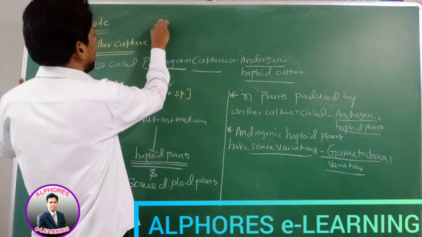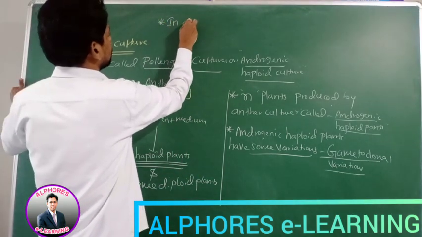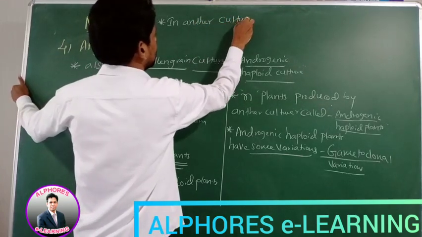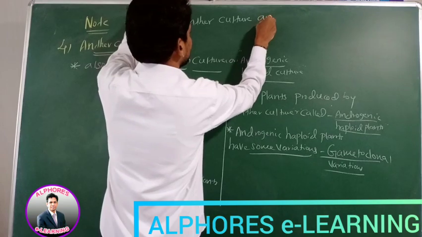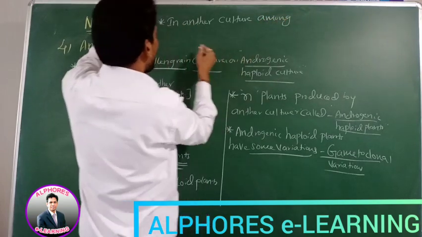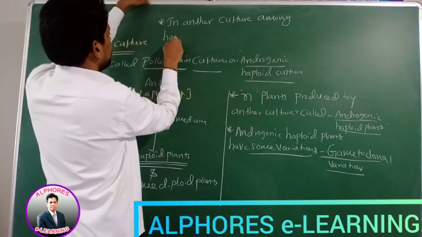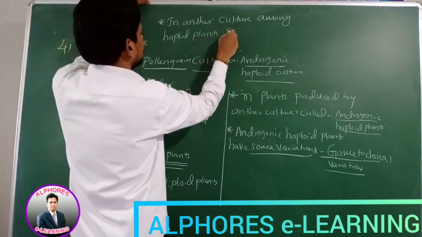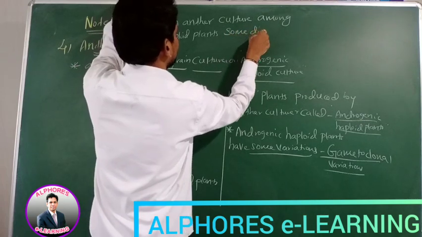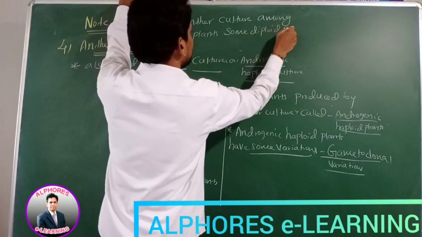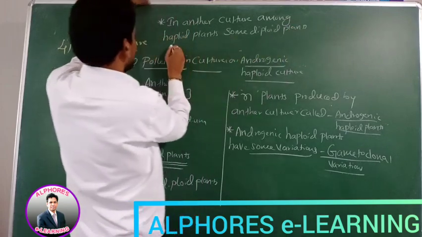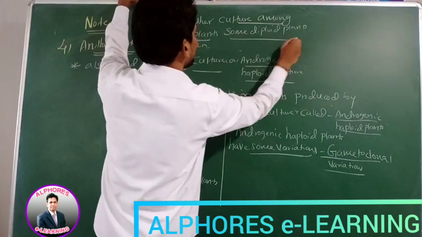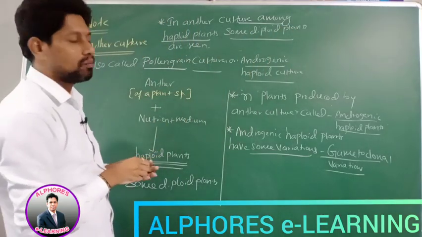Therefore, in anther culture, among haploid plants, some diploid plants are seen.